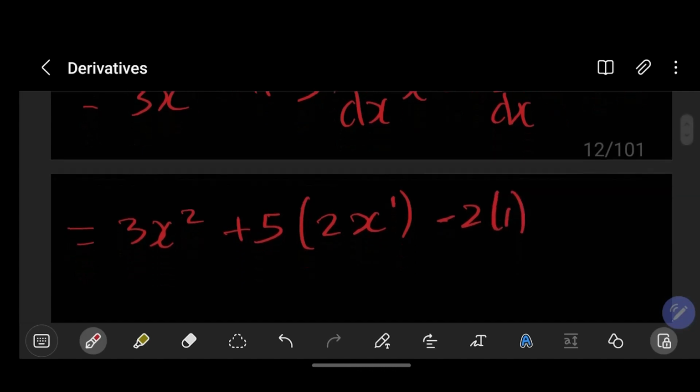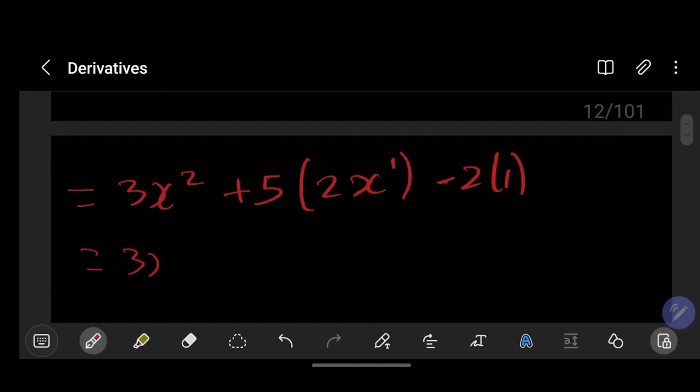So we now have this is equal to 3x squared plus 10x minus 2. Okay, another simple and good example to look at. So quite a lot of practice with this one.